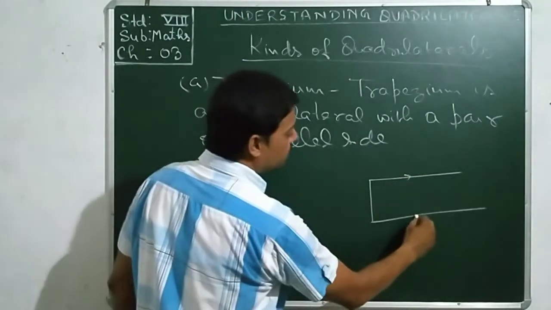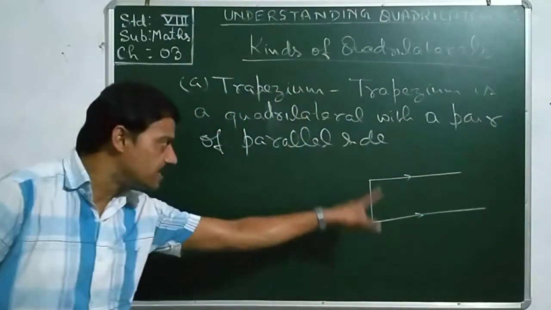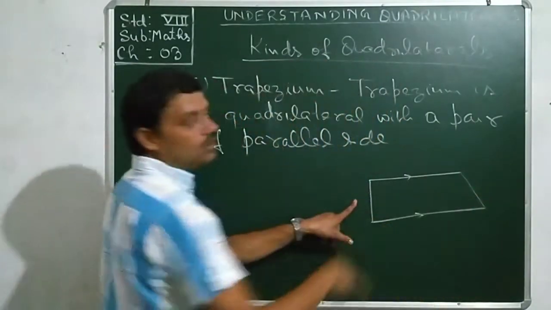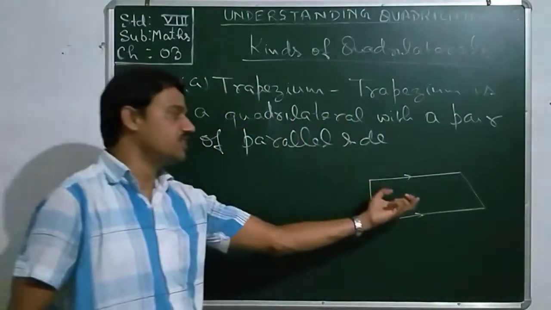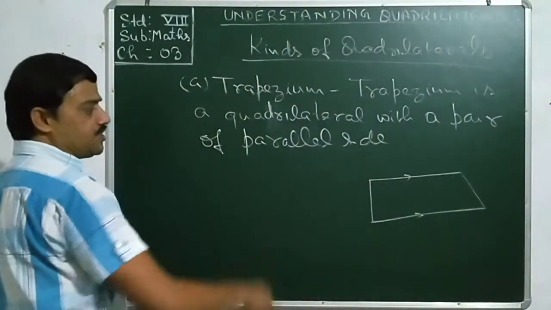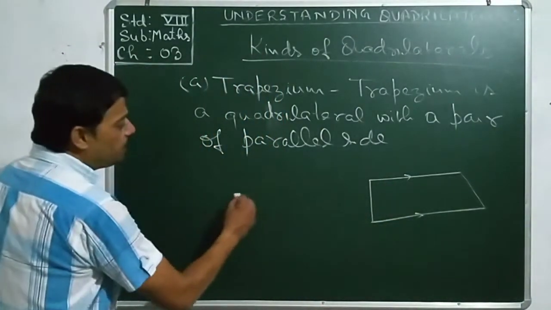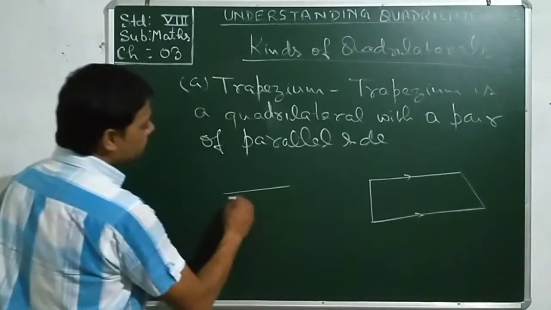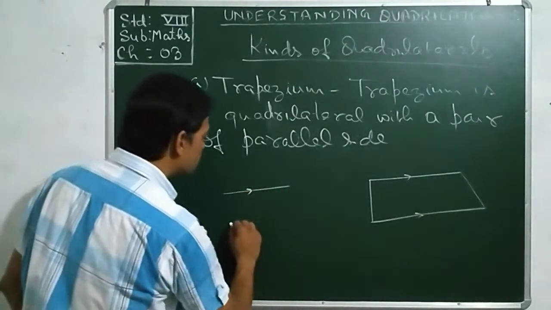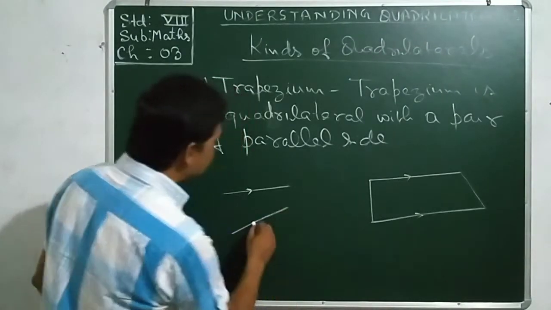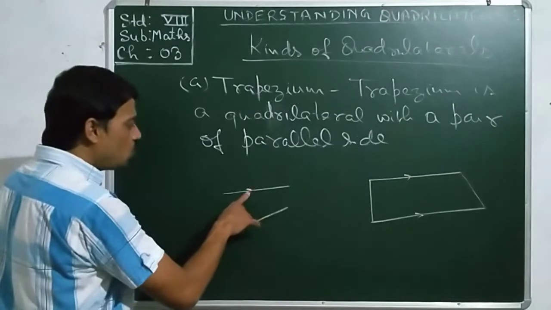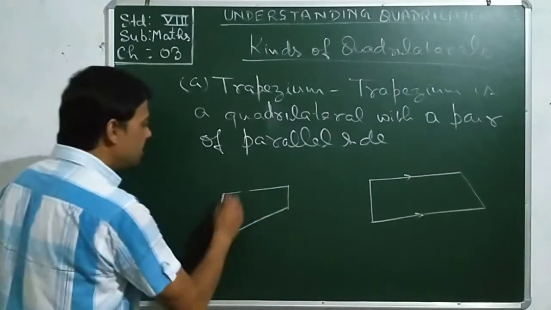If we assume that these two lines are parallel, even if no other relation is known, this figure is a trapezium. But if you take this figure, as opposite sides are not parallel, we can't say this is a trapezium.